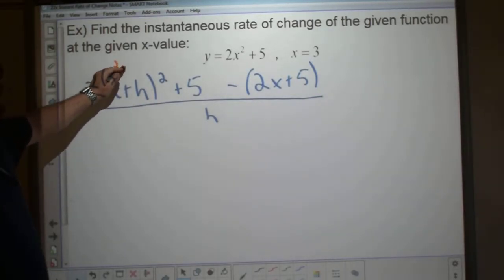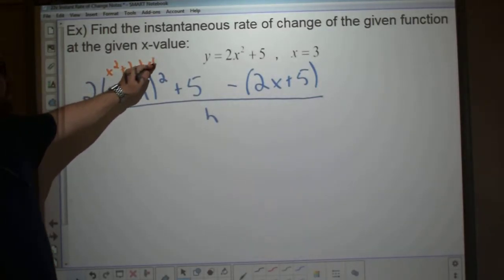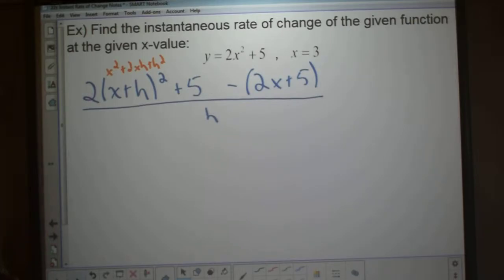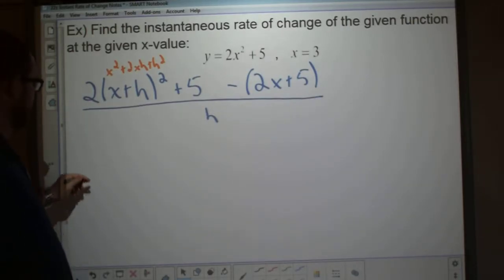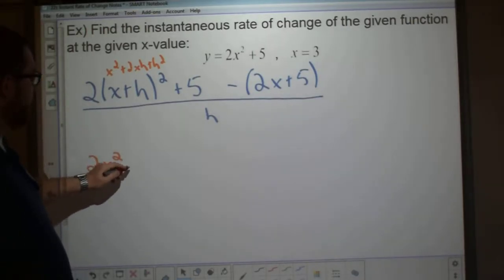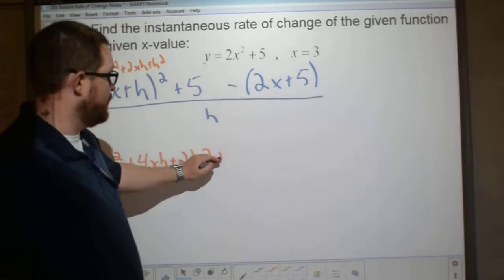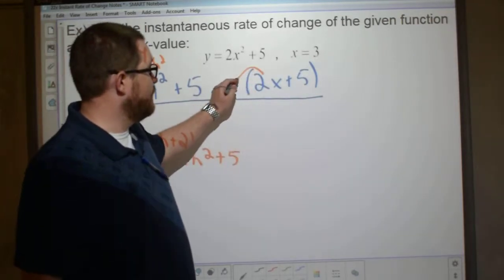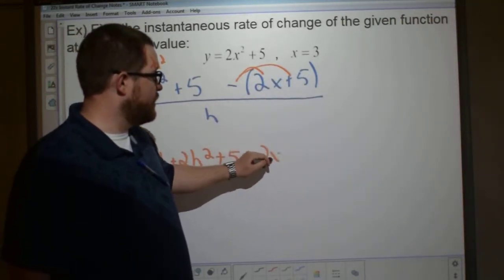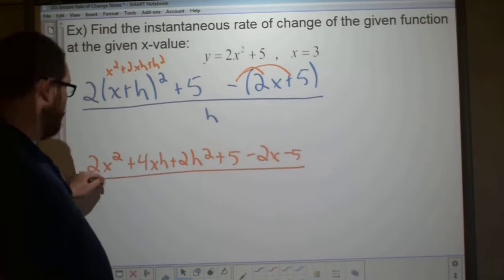Multiply out the top. Remember, this is not x squared plus h squared, it's x squared plus 2xh plus h squared. Distribute that in, you get 2x squared plus 4xh plus 2h squared plus 5. Distribute the negative to both of these things, minus 2x and minus 5 over h.